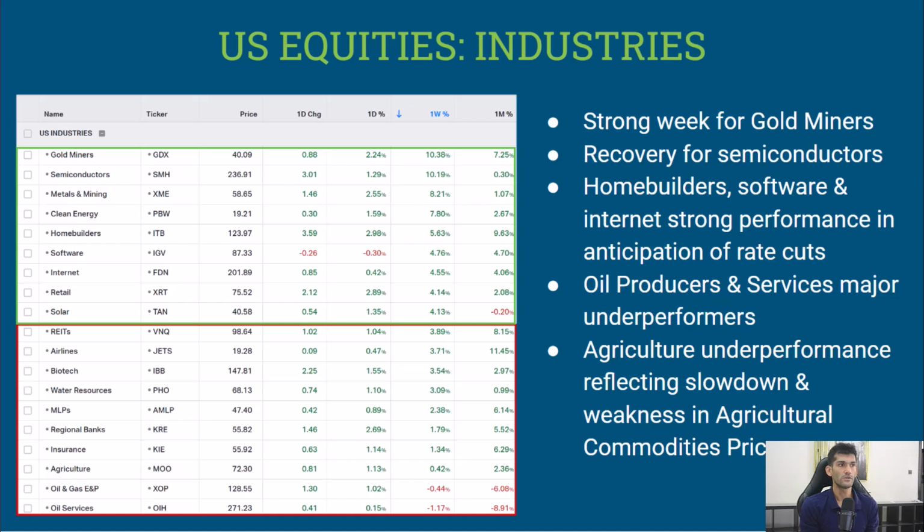As we mentioned, oil producers and services have been major underperformers. I think this probably is the beginning of a new trend, and this is something we need to keep watching. We've also started seeing agriculture stocks underperforming in light of the slowdown and weakness in agricultural commodities prices.